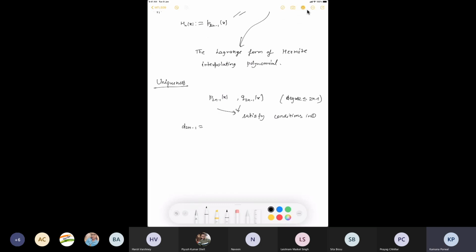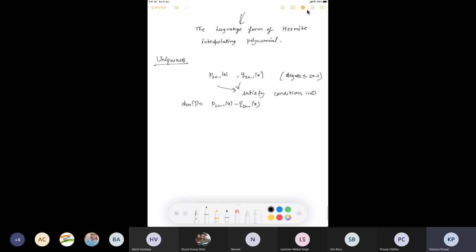And then you can form a new polynomial by taking the difference of these two polynomials. So using the interpolation conditions, what will you be able to observe? You will be able to observe that this polynomial has xj's as zeros for all j ranging from 1 to n.